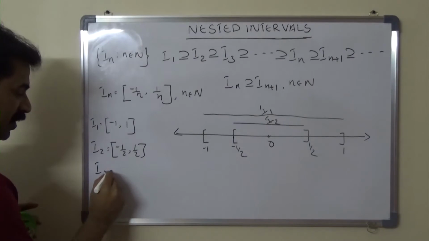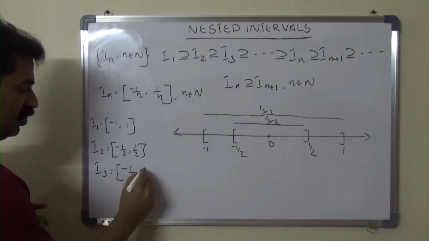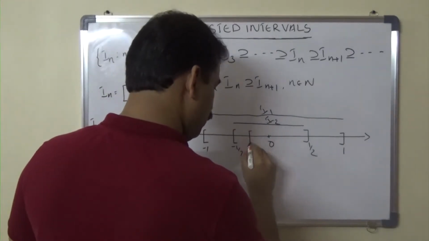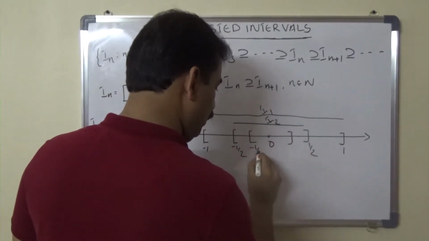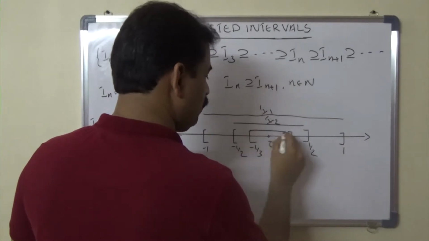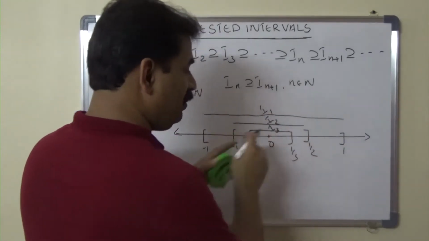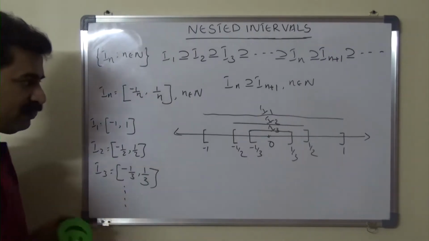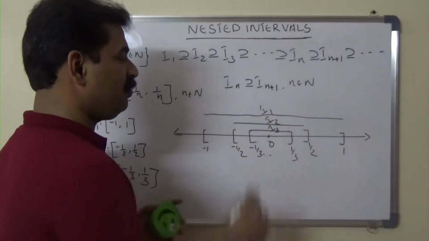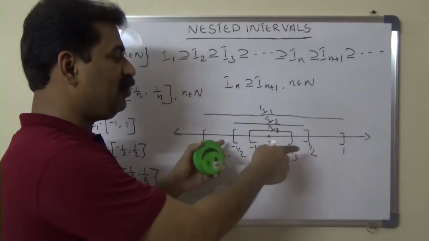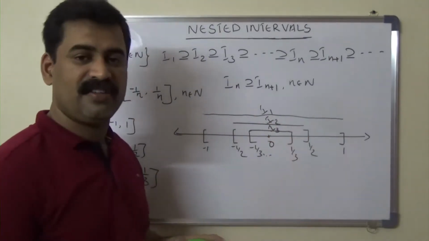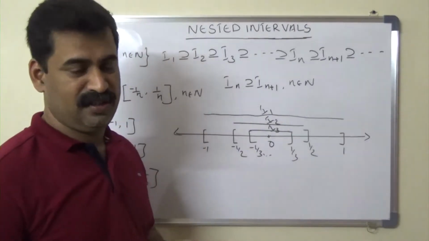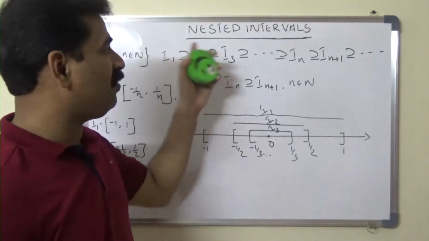Then I3 equals closed interval minus 1 by 3 comma 1 by 3. So here I2 contains I3. Put n equals 4, we will get I4, and so on. That means I1 contains I2, I2 contains I3, I3 contains I4, and so on. So this is the example for nested intervals.